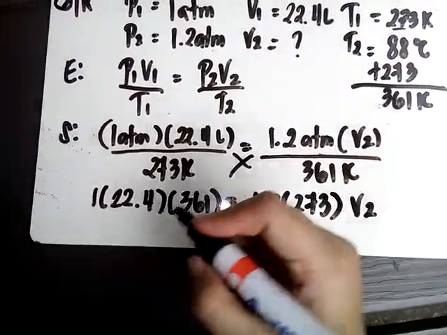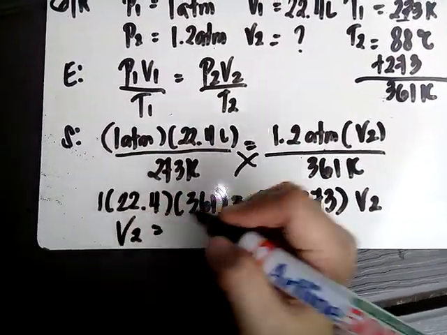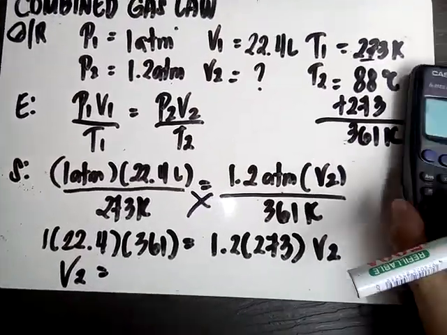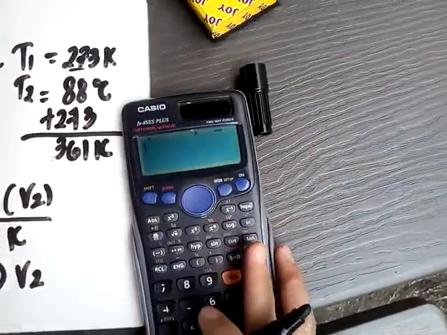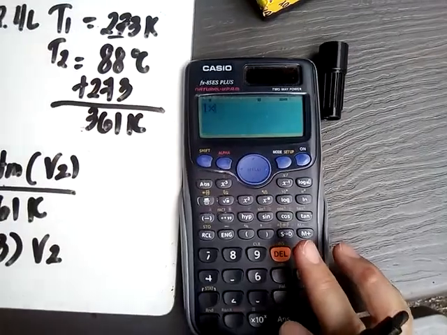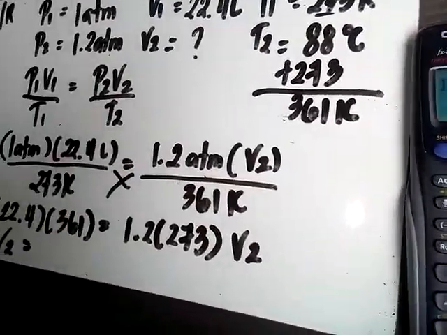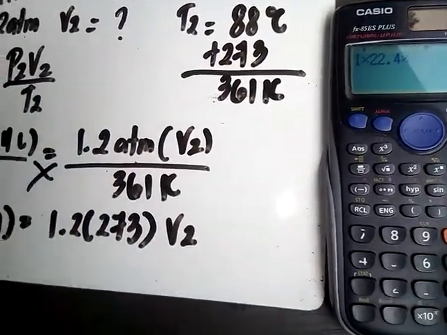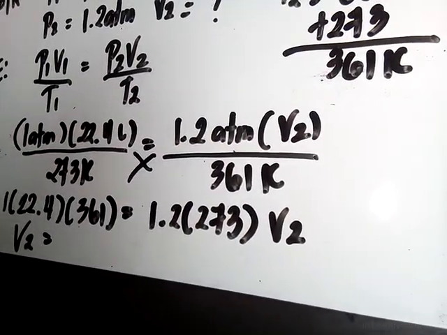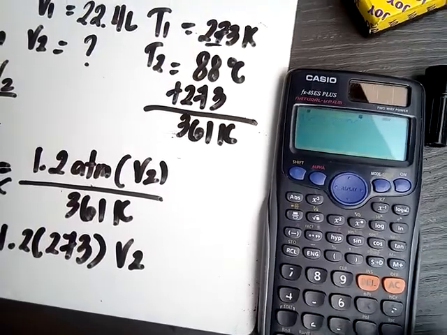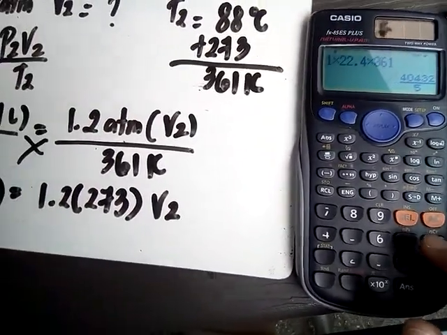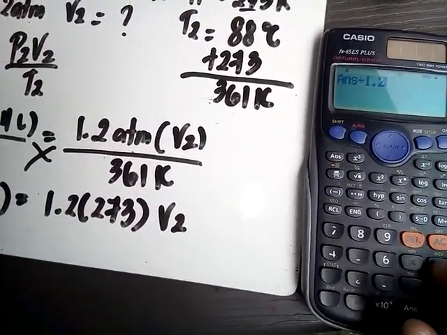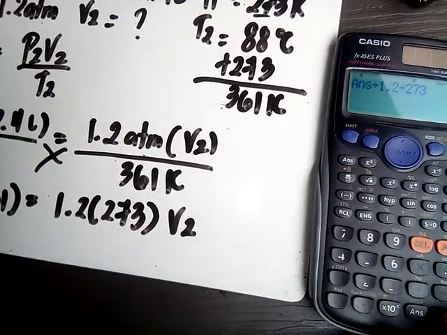By algebra, you can just solve for V2. That's simply 1 times 22.4 times 361 divided by 1.2 divided by 273.